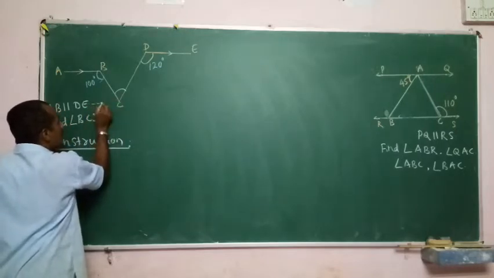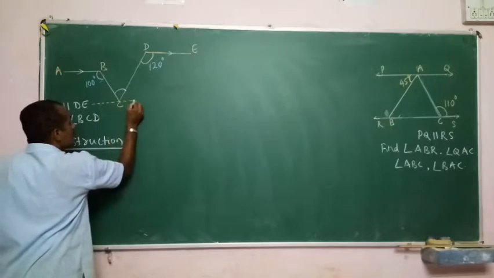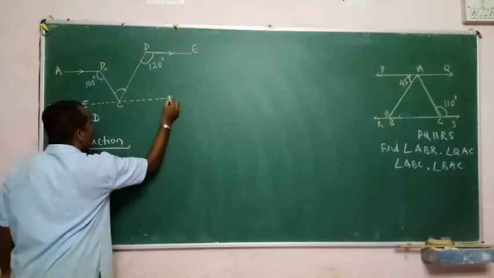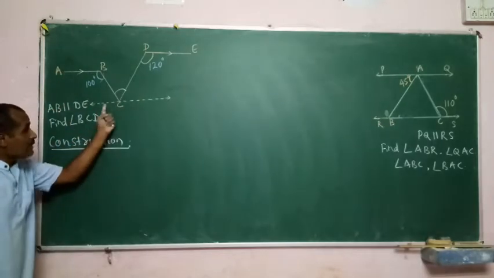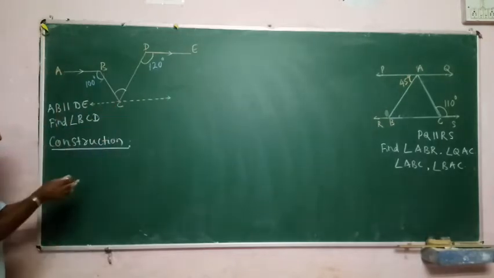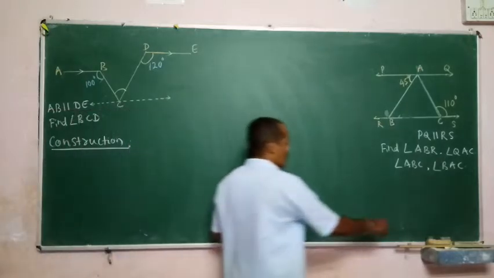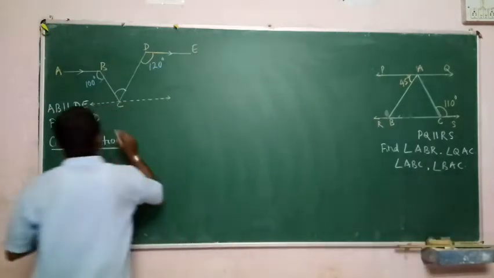That means I should fulfill two things. First of all, I should draw a parallel line to AB, and that parallel should pass through C. I will call it line MN.